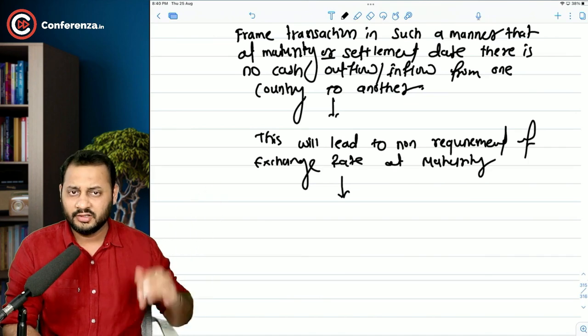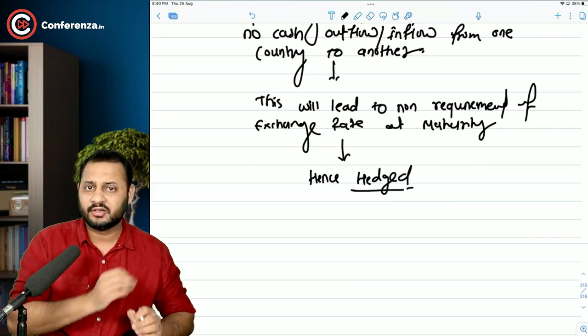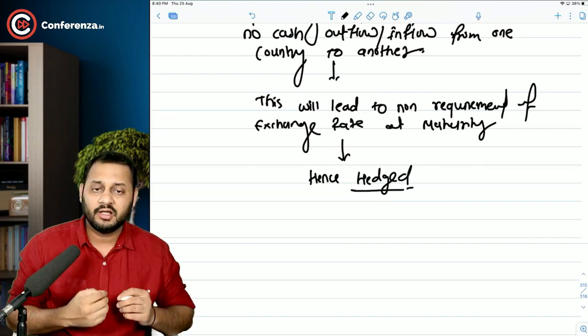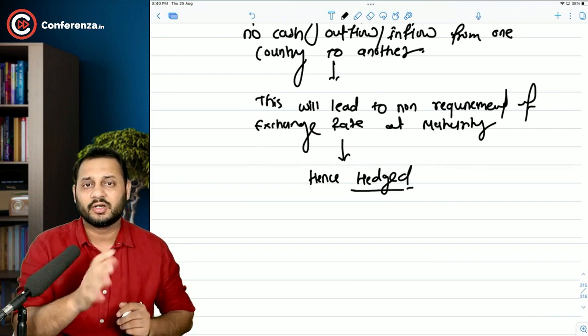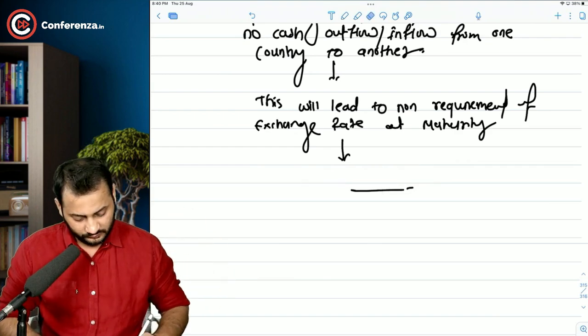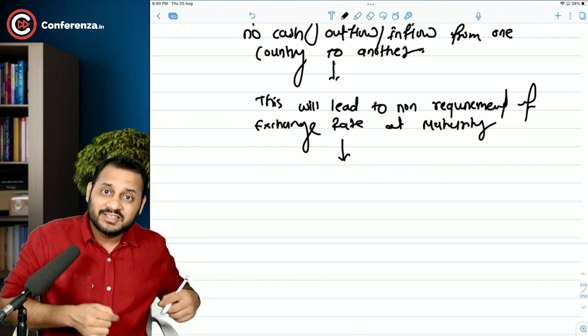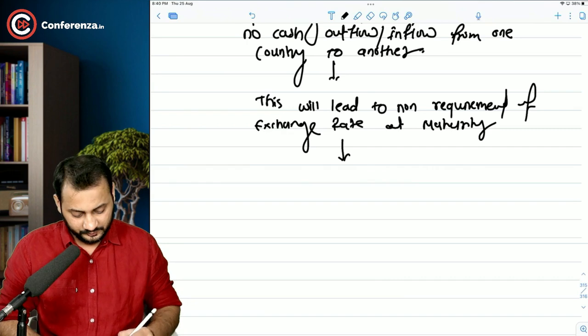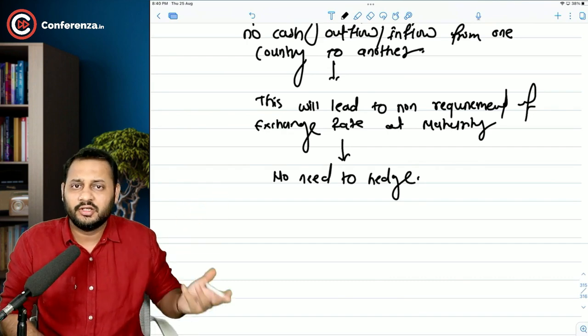If we don't need the exchange rate at maturity, hence the exchange rate risk is hedged. What we are doing exactly is stopping the risk from arising itself. So then there is no need for hedging, and creating no need for hedging is a kind of hedging itself. That's it. There is no need to hedge now.